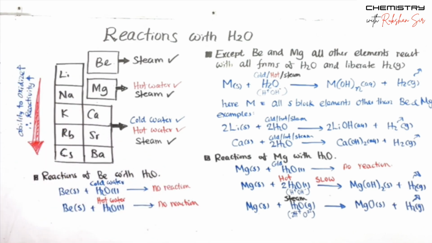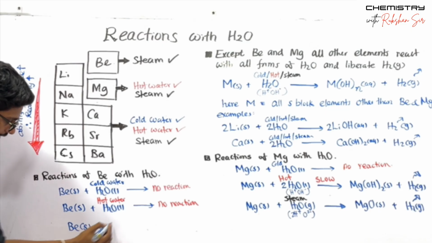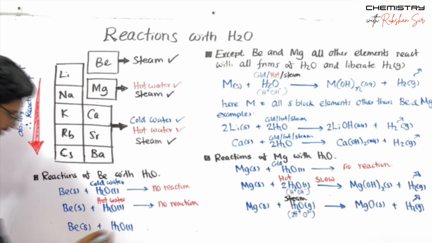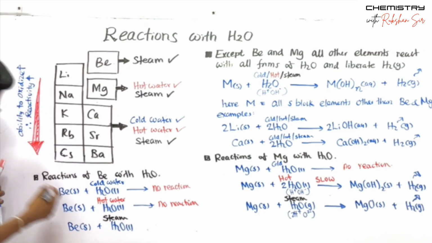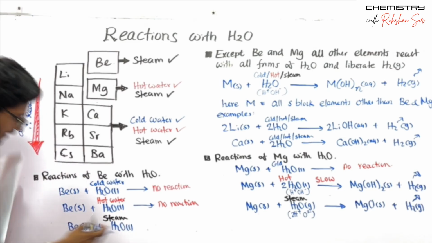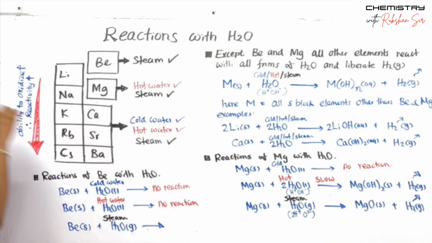To start reactivity with this beryllium, which is the least reactive out of this block, we need steam. The energized H2O, highly energized H2O. Steam is needed. So it is not the liquid state, it is the H2O's gaseous state or vapor state.